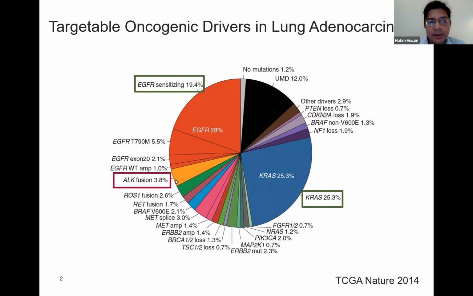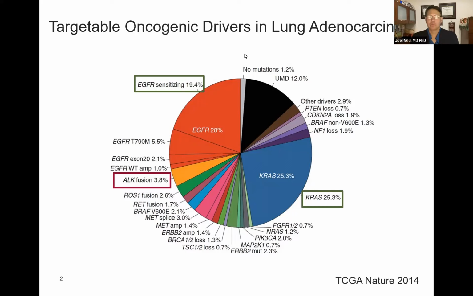And again, a huge list: ALK fusions, ROS fusions, RET fusions, BRAF V600E, MET exon 14 skip alterations, MET amp, HER2 mutations, and other mutations such as BRAF non-V600E also evolving in this space.